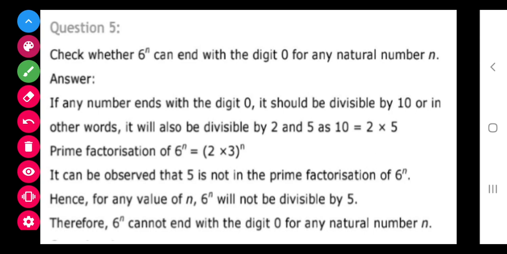So prime factor of this 6 is 2 into 3. 5 is not there, so it can never end with 0, because 2 into 2 is there but 5 is not there. If 5 is not there, then it will never end up with 0. It should be both 2 and 5. Only this much we have to write. Same question you will find in the example also, example number 4.